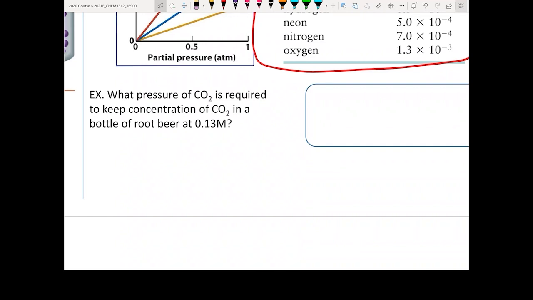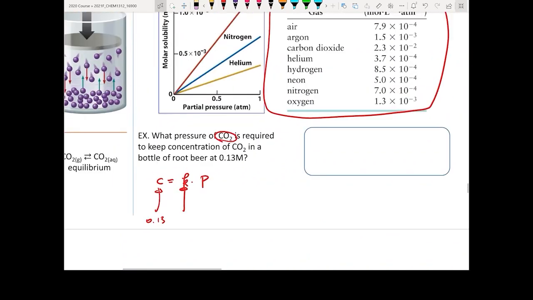You should definitely go to the Henry's law equation, which is C equals K times P. So right now, you know the concentration is 0.13. For K, you know it's CO2, right? So I'm going to go back to this table and check out the K. K is 2.3 times 10 to the negative 2. And then you want to find out what pressure you need to exert.